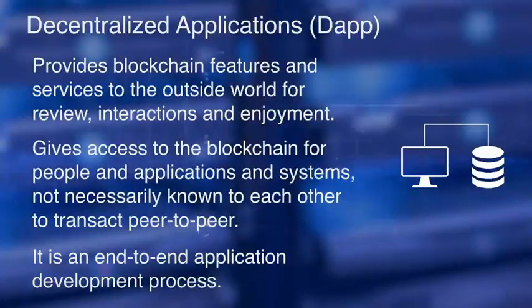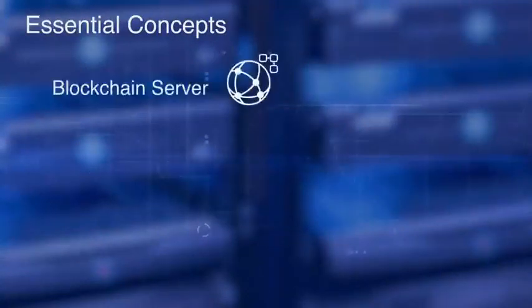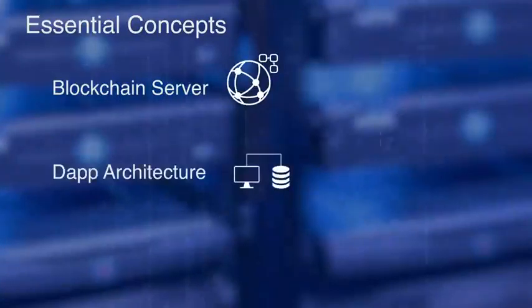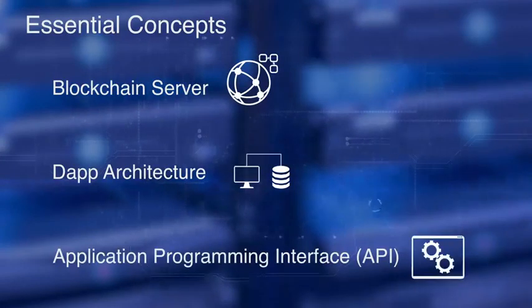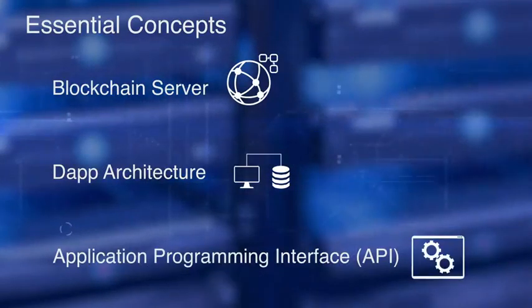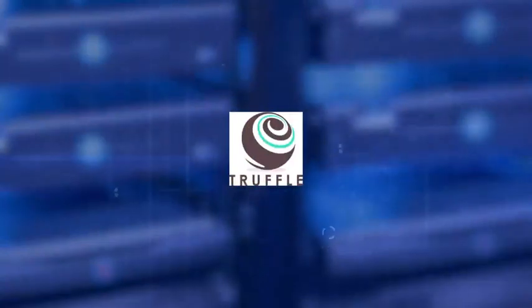We open this course with essential concepts such as the blockchain server, DApp architecture, and the details of the supporting application programming interfaces, or the APIs. We'll move on to experience a hands-on, practical, incremental, end-to-end development of a DApp using the Truffle IDE.